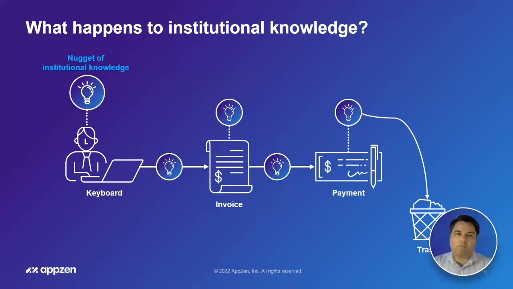Because when those AP people leave the business, they take all that knowledge with them, and then that knowledge is lost. So the challenge for organizations is that when they hire new people, they have to go through the same process, or be ramped up again on all of that knowledge, as well as understand all of the different use cases and nuances concerning different vendors and how their invoices are processed.